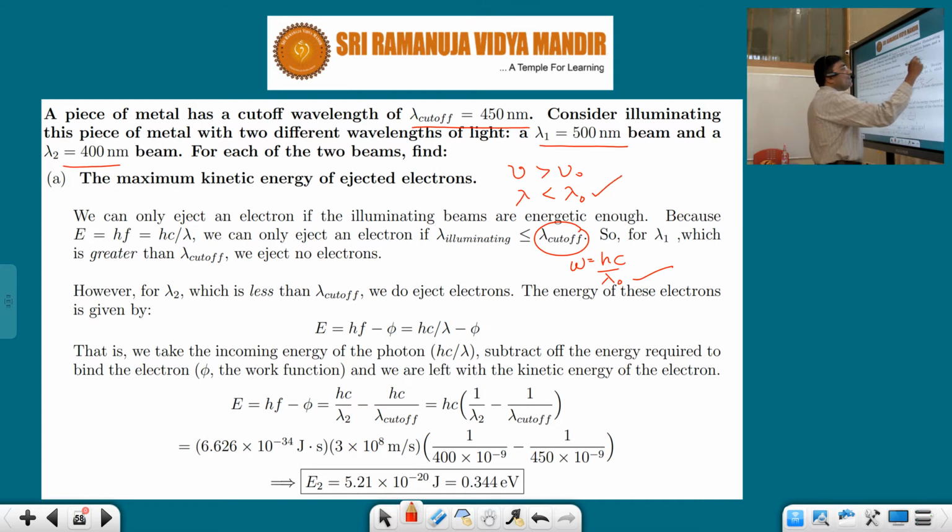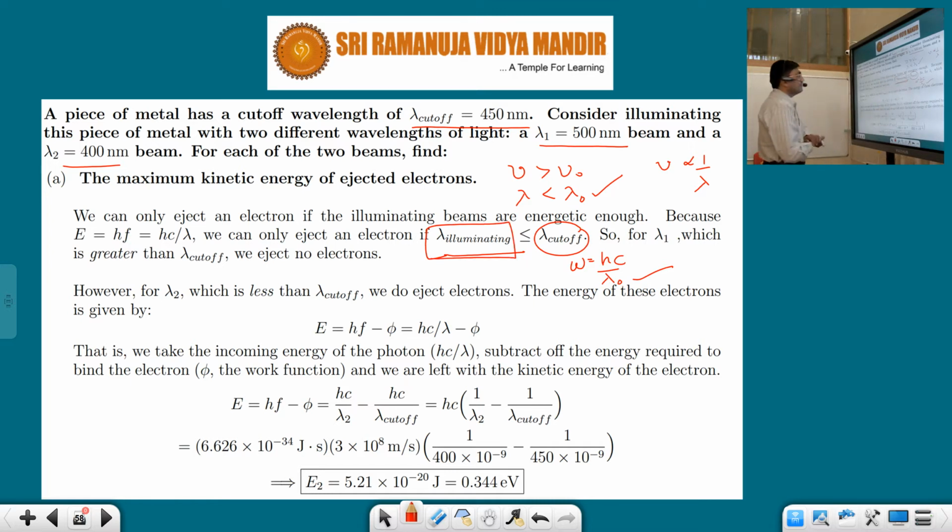Because nu is inversely proportional to lambda, mind you, again I repeat, incident frequency should be greater than threshold frequency, but incident wavelength should be less than threshold wavelength. Otherwise there won't be any electrons.